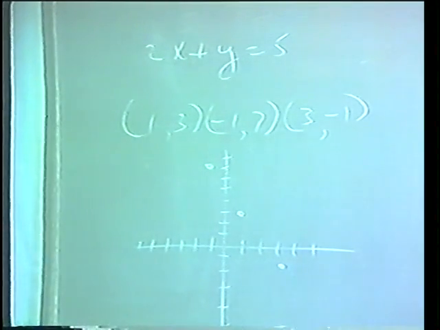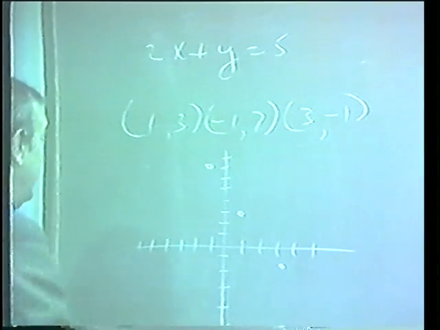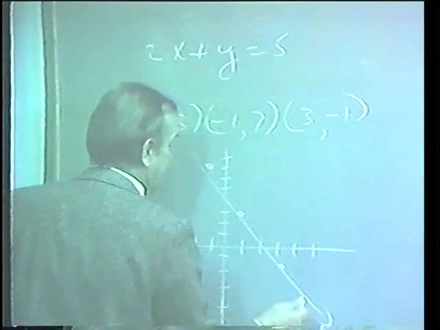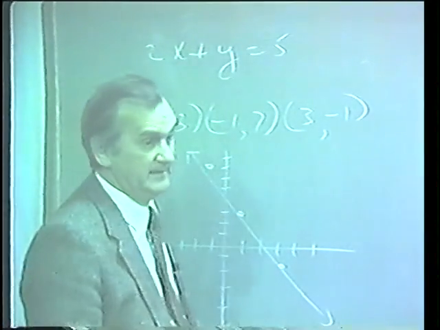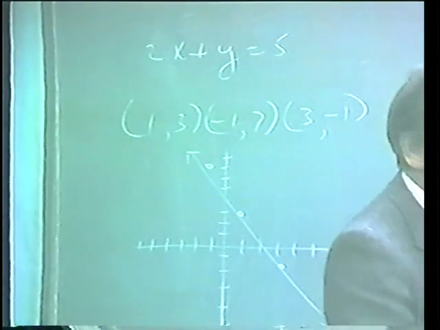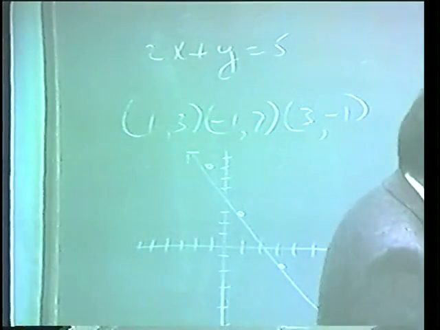Notice, for as bad as this graph is, the line came out pretty good. On graph paper, if you use a straight edge, it should pass through the heart of all of these. Remember, put the name on the line, and that's it. This is the three-point method.